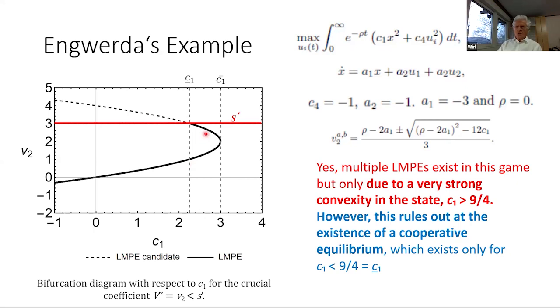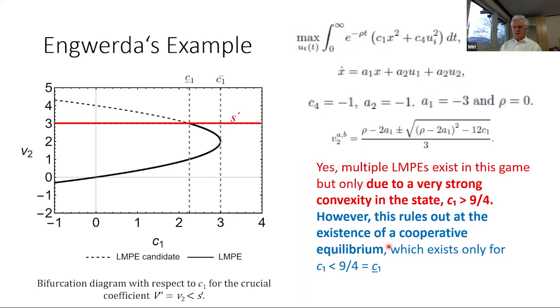Okay? Now you could say, okay, you have now two linear Markov perfect equilibria, but immediately from an economic perspective, you get this is nonsense because you only get these two LMPEs if the cooperative solution does not exist. You need such a strong convexity that the cooperative solution does not exist.